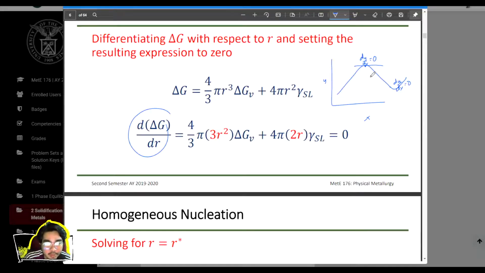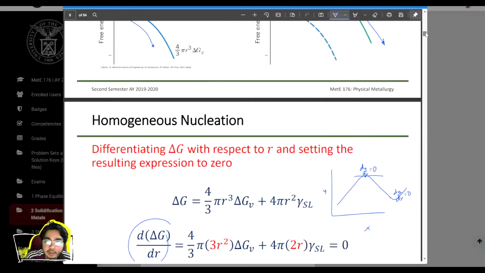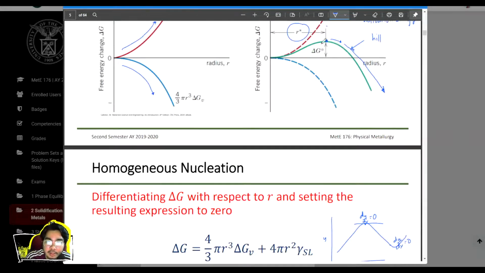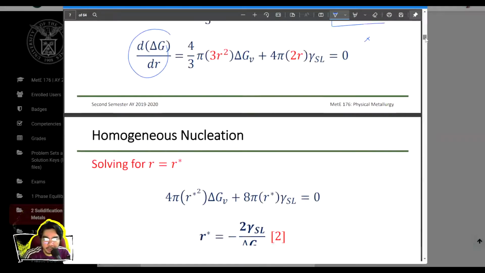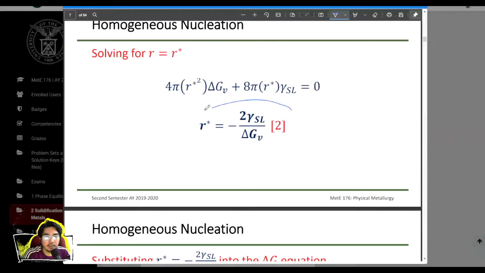So that's how we find local minimums or extremas, no? Yung minimums and maximums. So if we were to find itong R star na to that corresponds to this maximum right here, the activation energy, then we just get d delta G over dR and equate that to 0. So if you do that, we end up with an equation that looks like this, no? And this is the equation for the critical radius. So we have R star is equal to 2 gamma SL over delta GV.